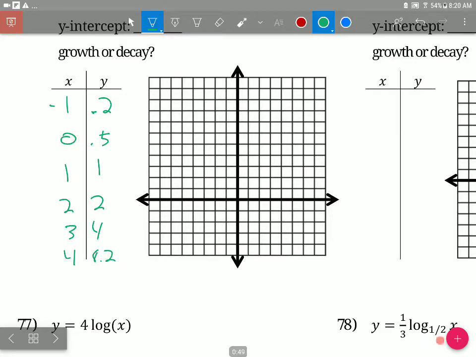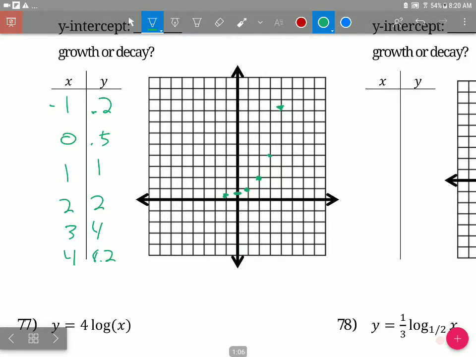All right, so that's enough. Somewhere about right there.